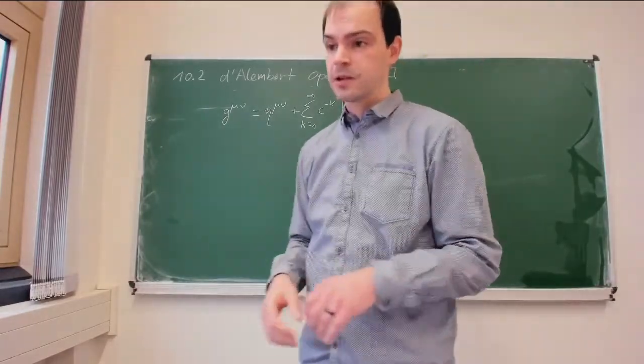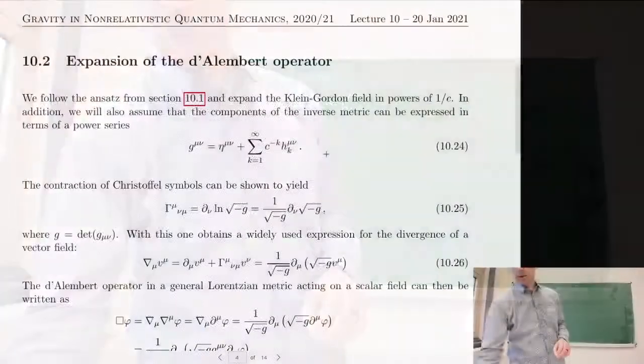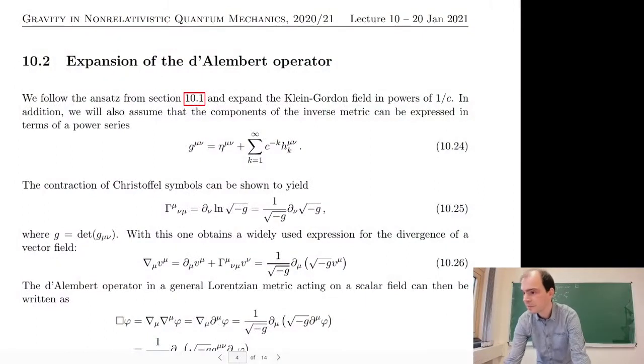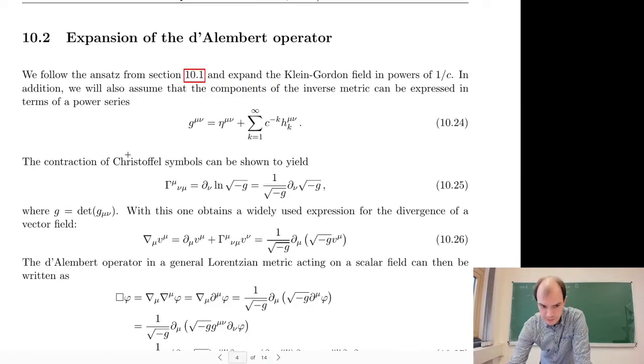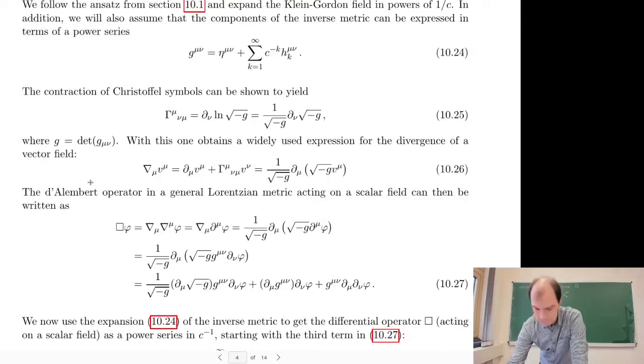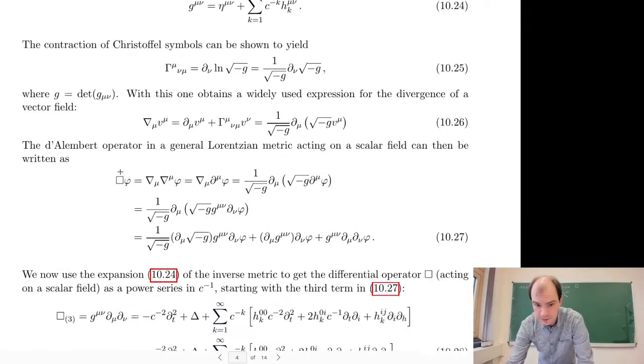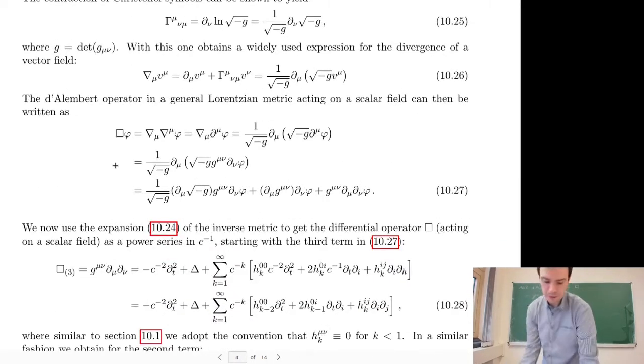And once we have this metric, and now let me go to the script. Once you have this metric, what you can do is calculate the Christoffel symbols in this metric, and calculate the covariant derivative acting on a vector field, so the divergence of a vector field. And then with this you can rewrite the D'Alembert operator.